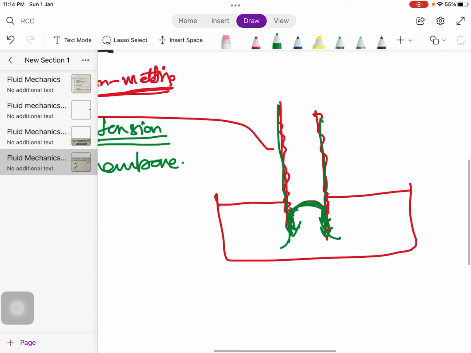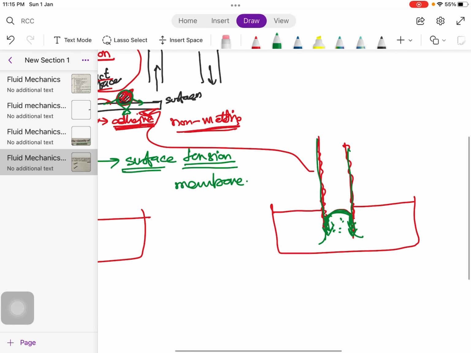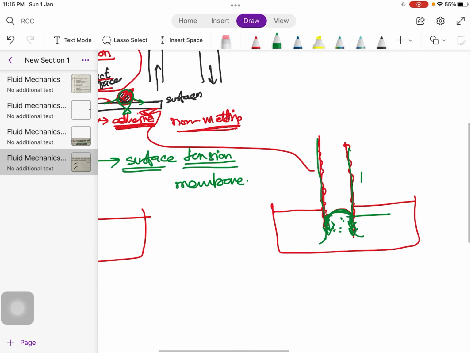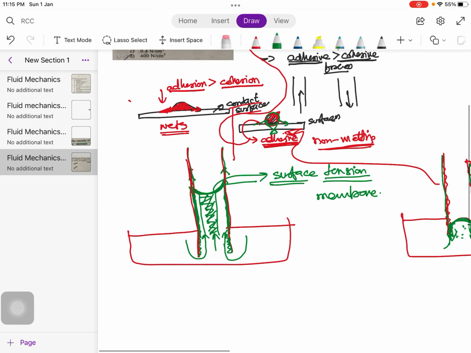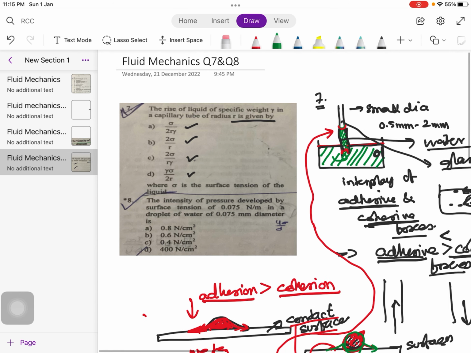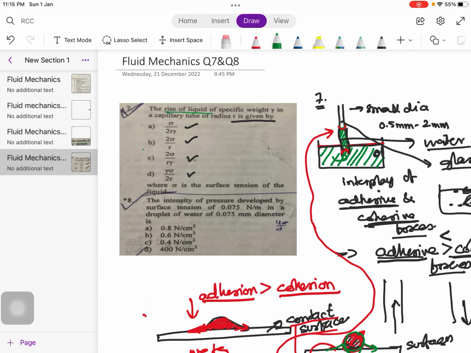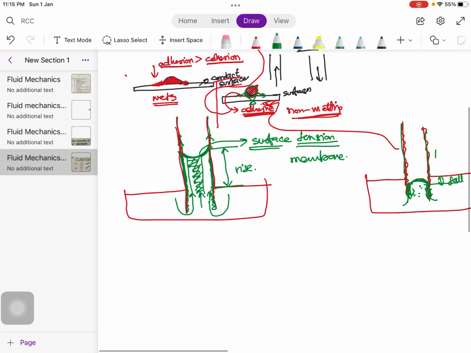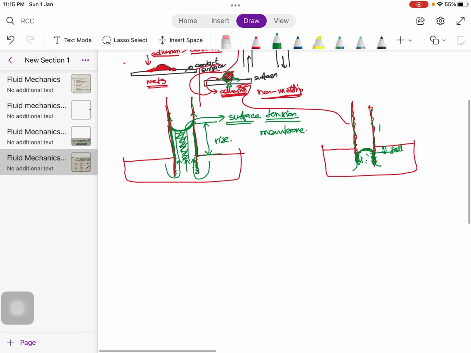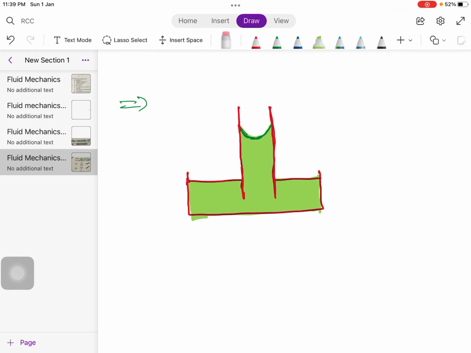And during this interplay of forces, certain liquids experience a fall, while certain liquids experience a rise. In this question, we have been asked about the rise of a liquid. So let us discuss the case of the rise of a liquid within the capillary tube.